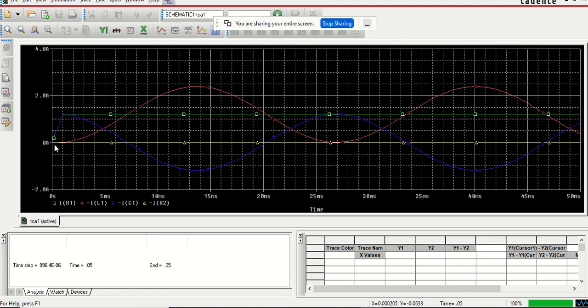The current drop at R2 is almost zero. Current at R1 is almost 1.5 ampere, and the current for C1 and L1 is simultaneous, dropping and high.